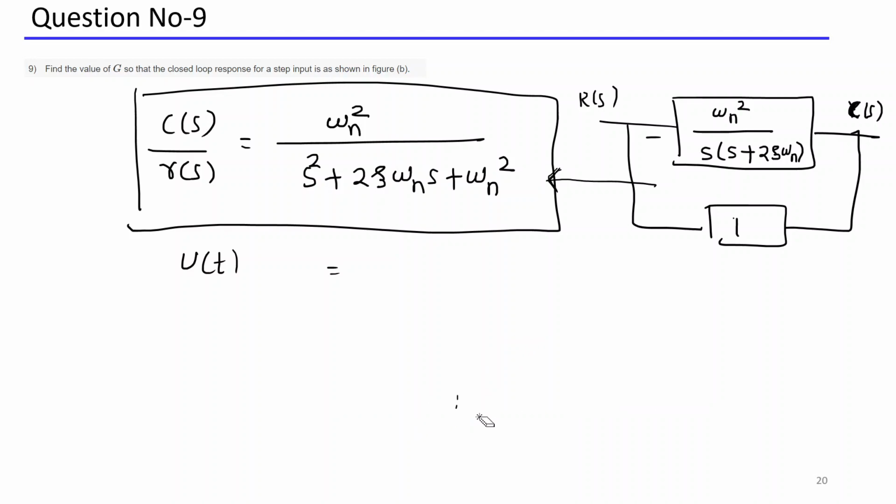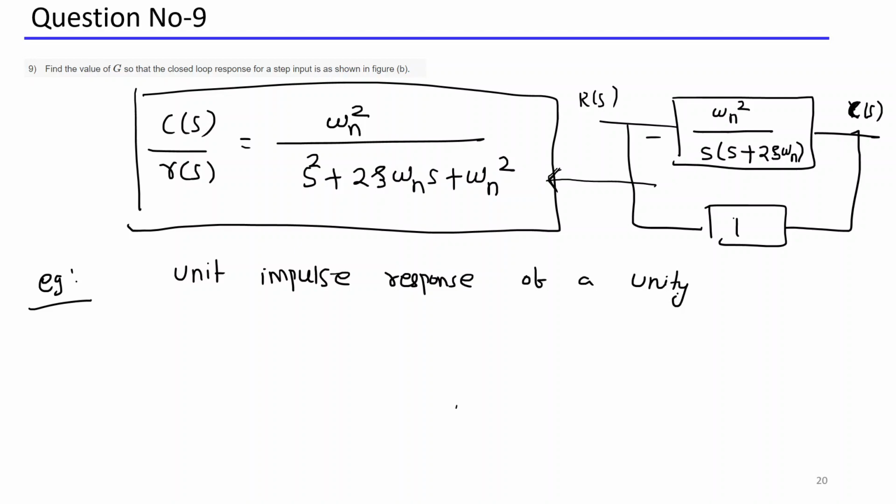Based on that, I'm giving one question. Everyone just write down this question. Example: the unit impulse response of a unity feedback system is given as e to the power minus 3t sine 4t.